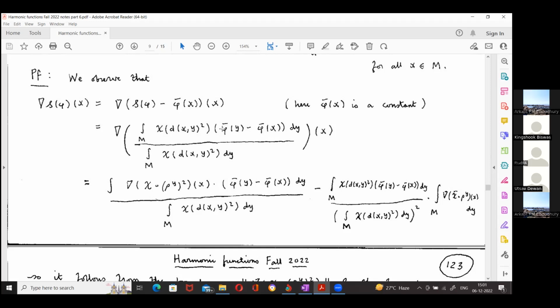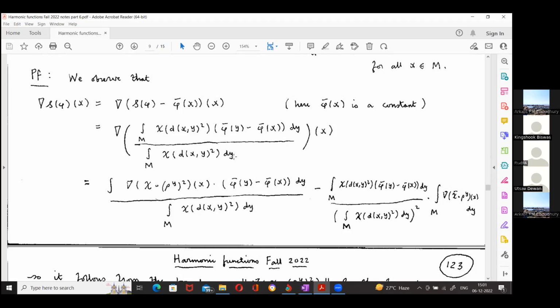So now I have the gradient in the x variable of the integral of chi of distance xy squared times phi bar y minus phi bar x, dy, divided by the integral of chi of distance xy squared dy.